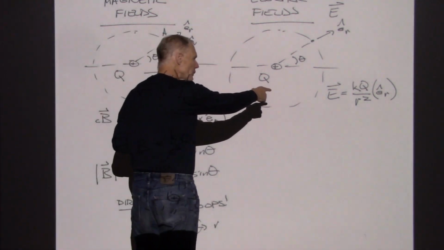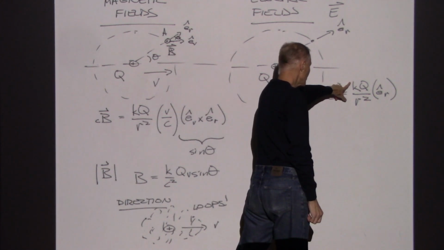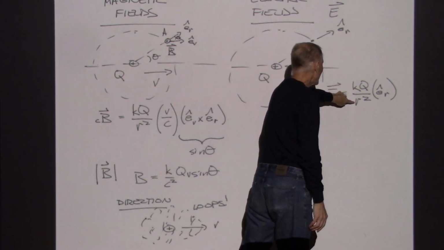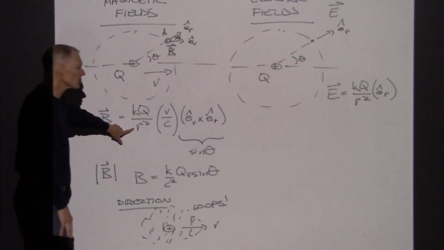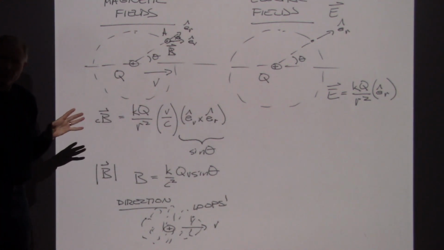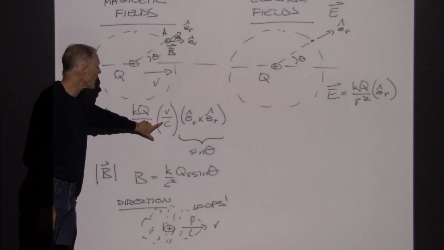So the electric field depends on the electric force constant, the amount of charge, divided by distance squared. So does the magnetic field, kq over r squared. Now, what's different here is that the magnetic field depends specifically on velocities.